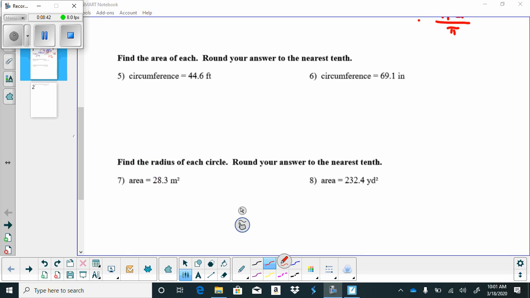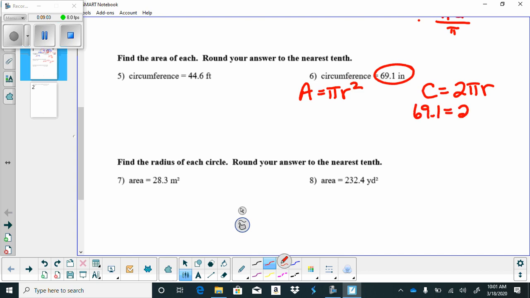Okay, I'm going to work this out with you so you can watch the work that you did. You're finding the area, which is pi r squared. I need to find my r. So I'm going to take my circumference that they gave me. My circumference formula is 2 pi r. I'm going to plug in my 69.1 in order to find the r.